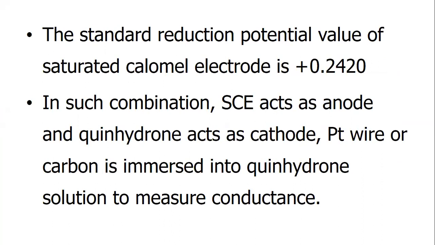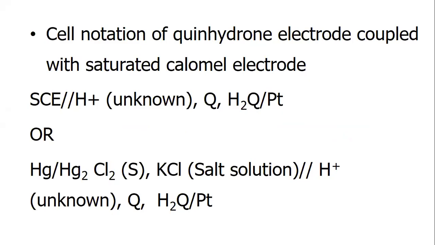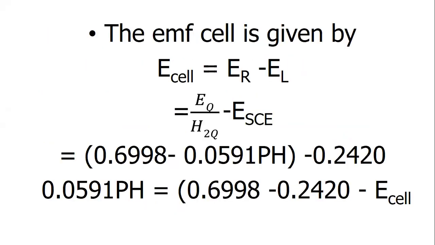A platinum wire or carbon is immersed into the quinhydrone solution to measure the potential. This is the cell notation of the quinhydrone electrode coupled with the saturated calomel electrode. The EMF of the cell is given by E cell equals ER minus EL, so E Q over H2Q minus E saturated calomel electrode.